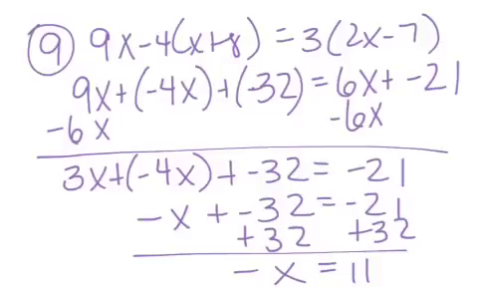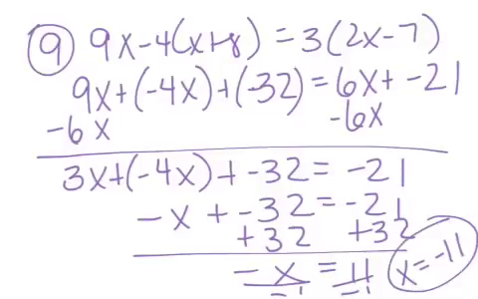Now I have a negative x, so I have to get rid of that. I can either multiply both sides by -1, or I can divide both sides by -1. So that makes my x positive and my answer -11.